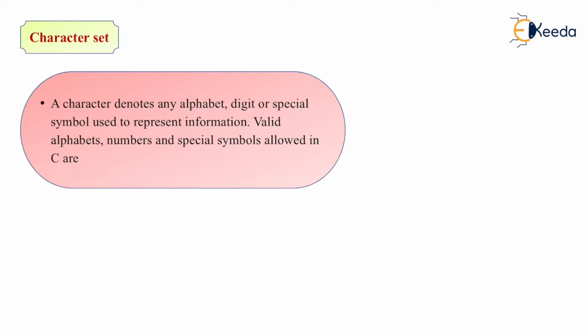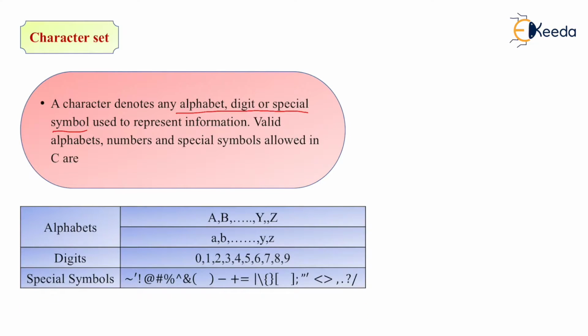A character denotes any alphabet or a digit or a special symbol which is used to represent any type of information. The valid alphabets, numbers, and special symbols allowed in C are: the alphabets can be capital A to Z, and the lowercase alphabets can be small a to small z.